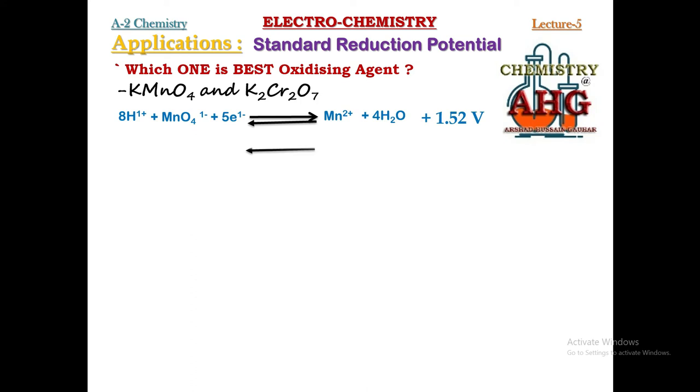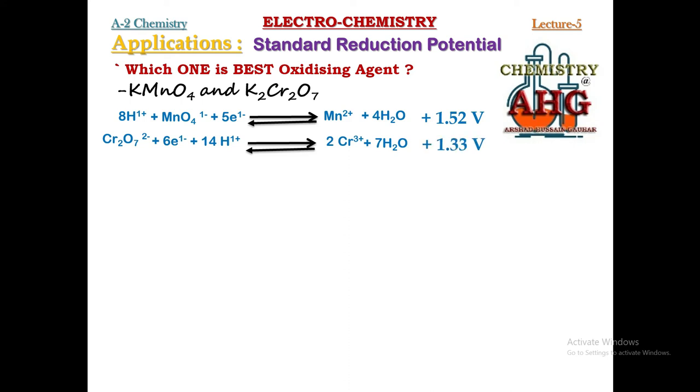And dichromate, whenever it is reduced, is mostly reduced to Cr3 plus. That is why we observe a color change from orange to green. So we get Cr3 plus and 7H2O. And if you look at the data booklet, the standard reduction potential for this half cell is plus 1.33 volts.